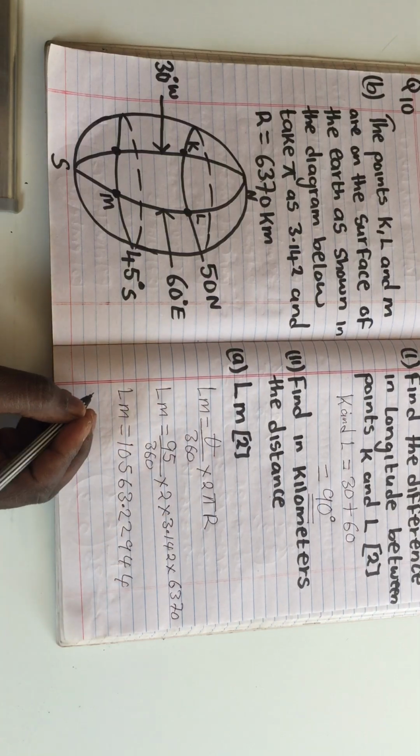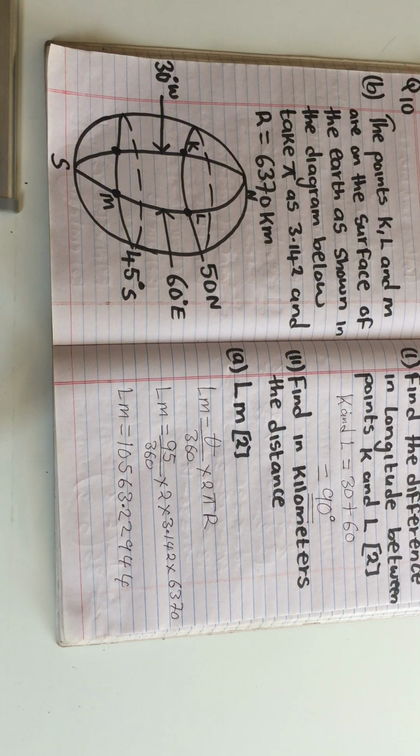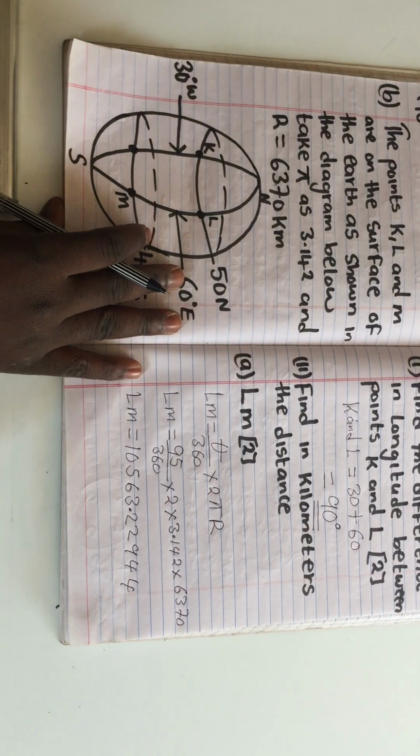Most of the time, if in the question they didn't specify the number of significant figures, you should always leave your answer to 3 significant figures.